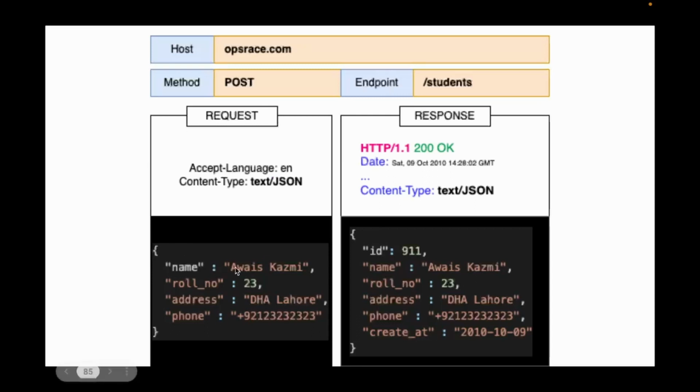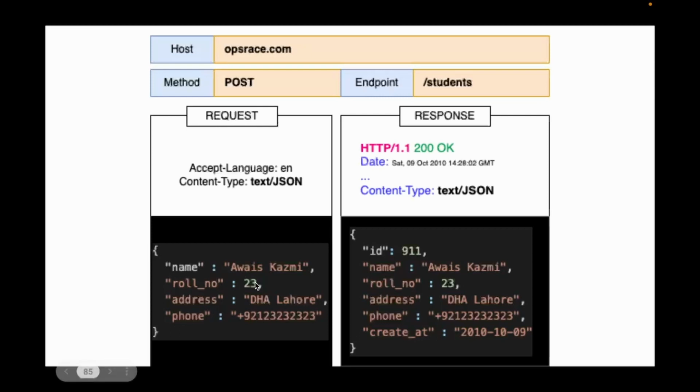So this is textual data in the form of JSON, JavaScript Object Notation. This is the format of data that is broadly used by all the applications. They all understand JSON format.